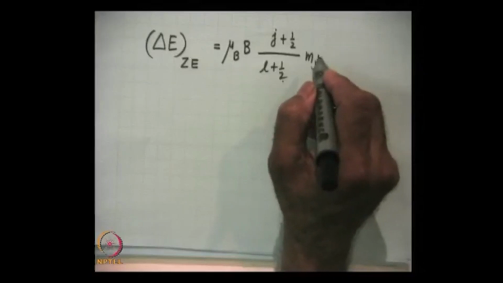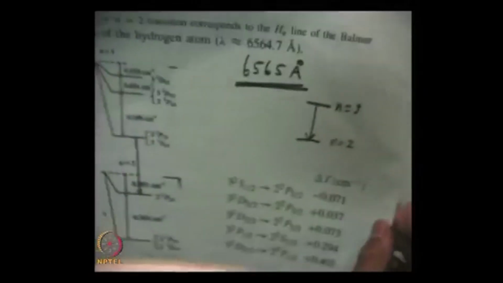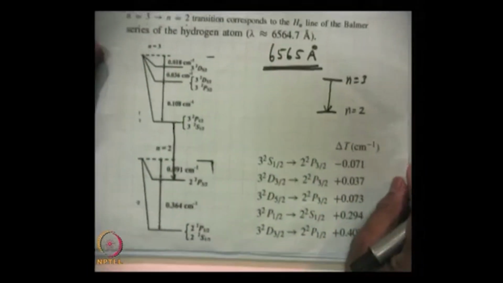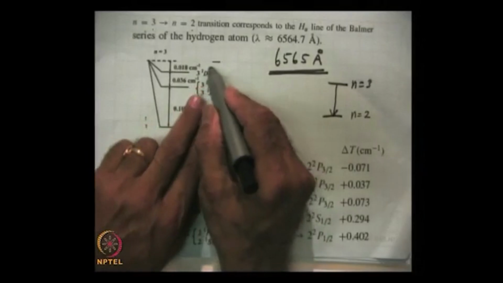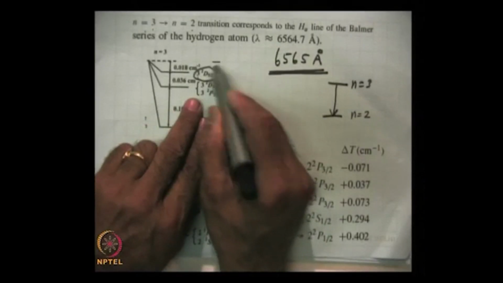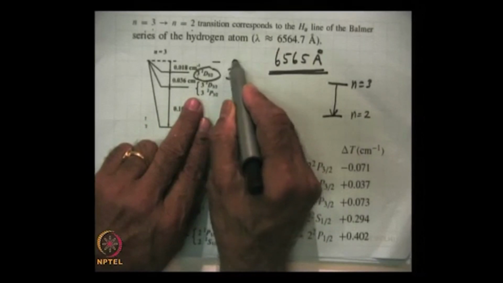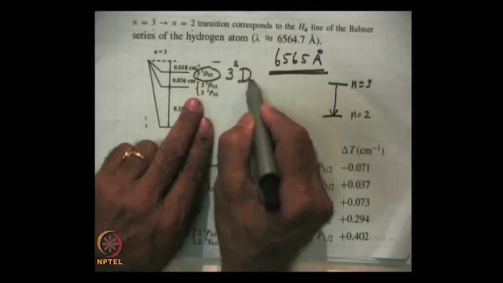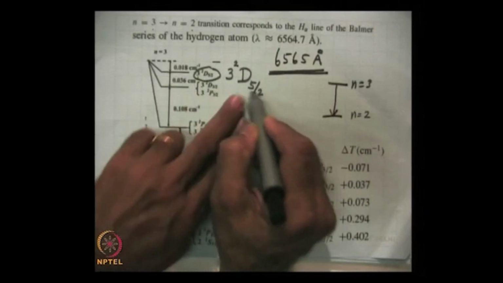So, let me go once more, let me tell you that here this is the fine structure splitting. So, here you have, for example, 3 doublet d 5 by 2, this is the j value.